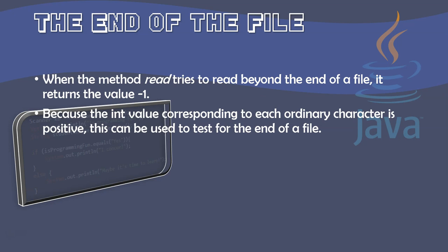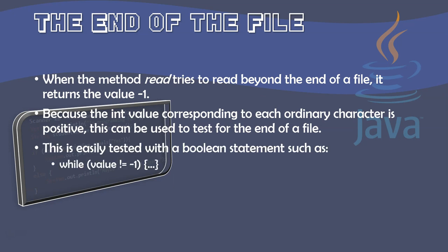So when we get a negative value, this is a great way for us to test to say, hey, we've reached the end of a file. And of course, we can use something very similar, like while value does not equal -1. That's a quick way for us to test that if we're using read.